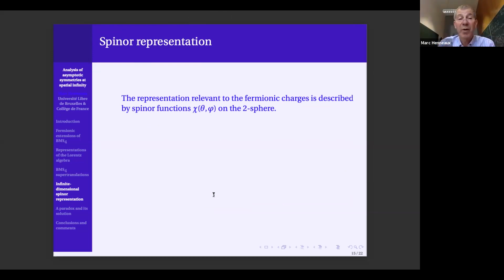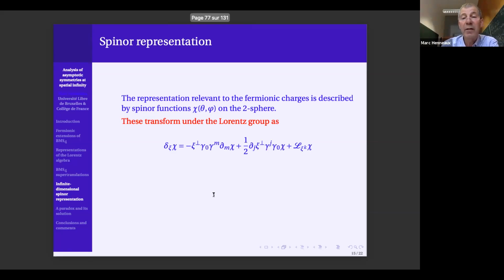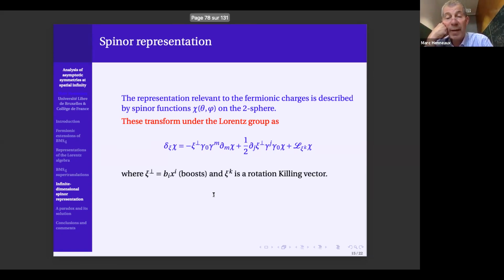This is requested by the Hamiltonian formulation when you analyze charges, symplectic structure, etc. But from the group theoretical viewpoint, it also makes the representation irreducible, because we can see in the next formula, if you look at the transformation law under the Lorentz boost, that xi perp would be the component of the diffeomorphism corresponding to the Lorentz boost. And if you compute that for the Lorentz boost, you can see the parity of the expansion.